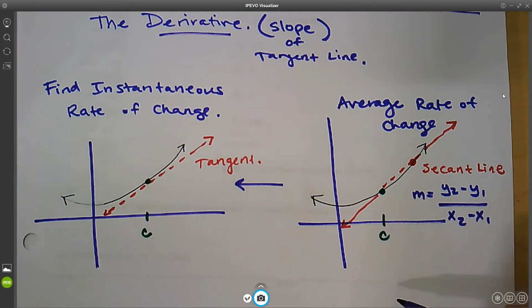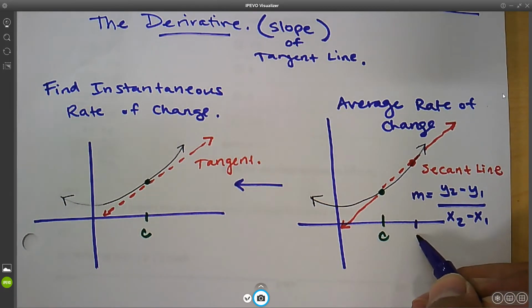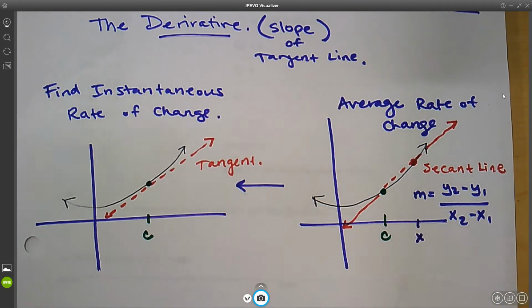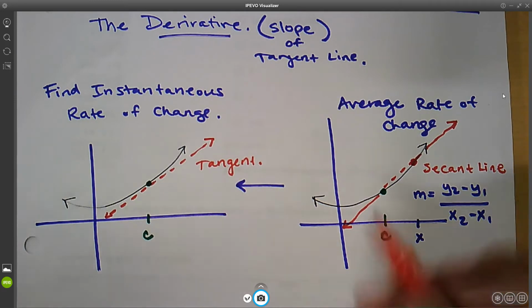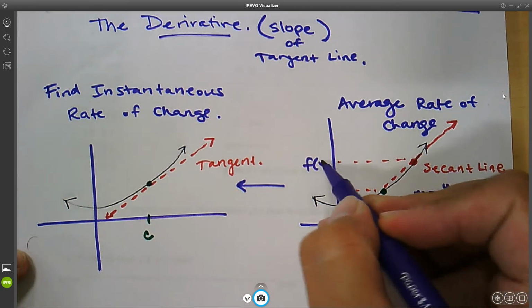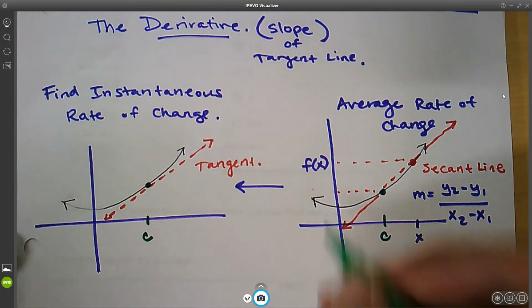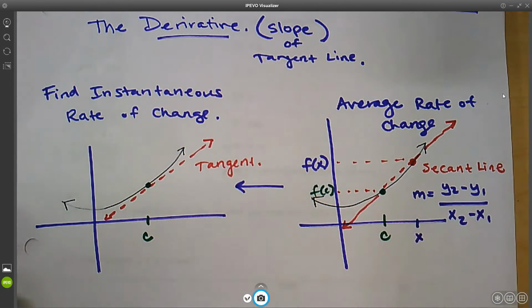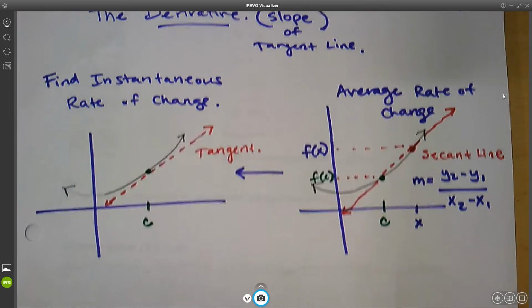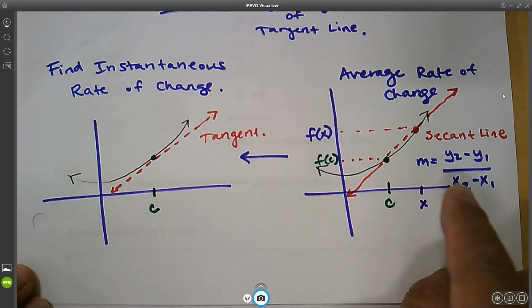So we're going to develop that, and let's call this x. Let's call this f of x, and let's call this f of c. So what we will do is we will use this formula.